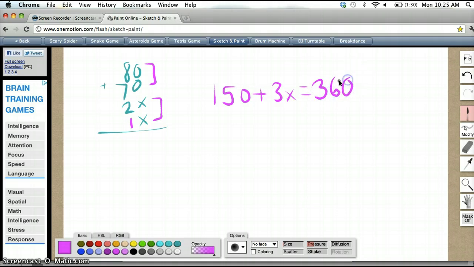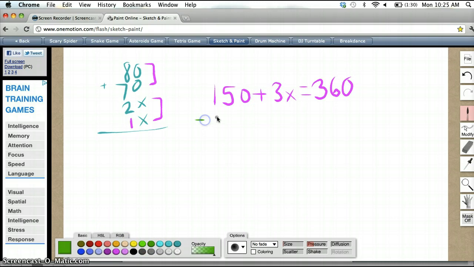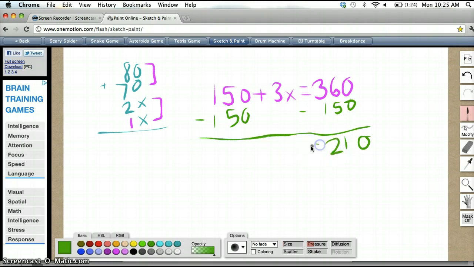Then you're going to go ahead and solve for x. So 150 is positive, so you're going to do the opposite, which is subtract. So you're going to subtract 150 degrees. And you get 210 equals 3x.